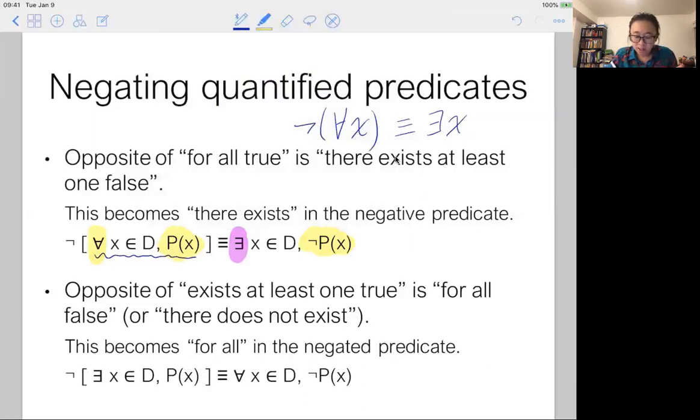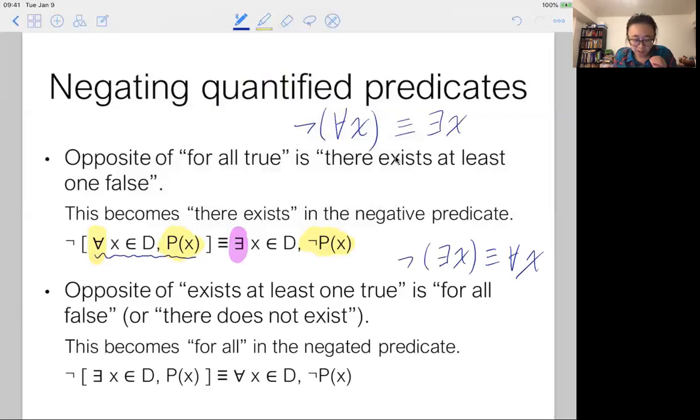Another thing to think about with negation: if I negate something involving the existence symbol, then I'm flipping existence back to for all. If you think about it from the English perspective, the opposite of there exists at least one element that is true is to say that for all of the elements it's false, or there does not exist.